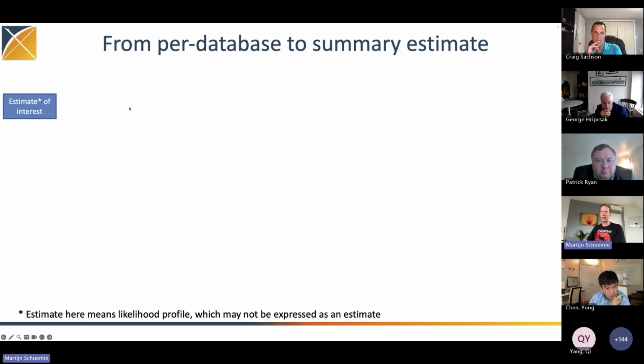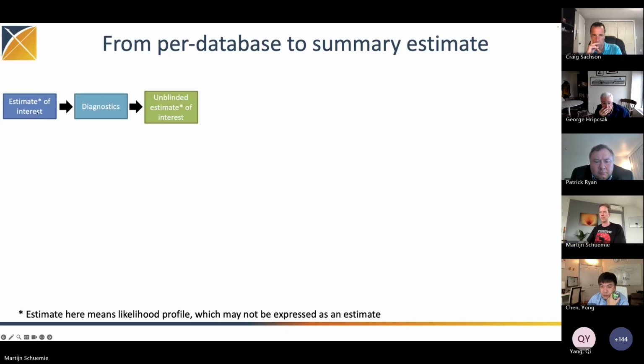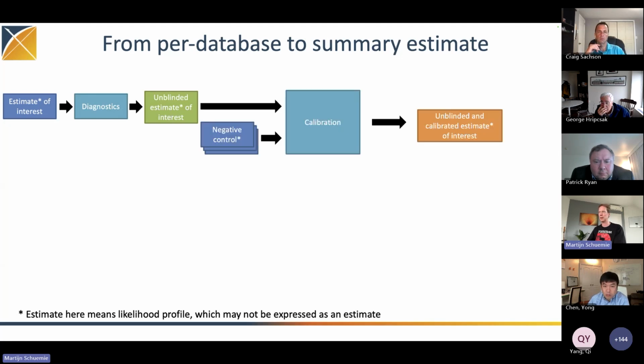So what we see is that in a specific database, we produce our estimates of interest. As you remember from earlier presentations, we apply diagnostics to see whether or not we actually can unblind these estimates. We do the same thing for negative controls, and then we can produce a calibrated estimate that is unblinded within a specific database.